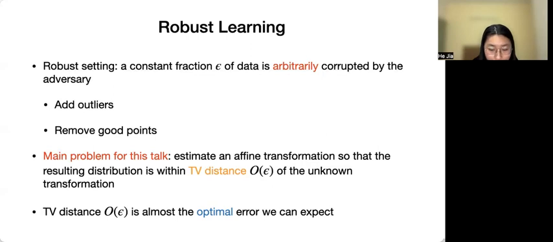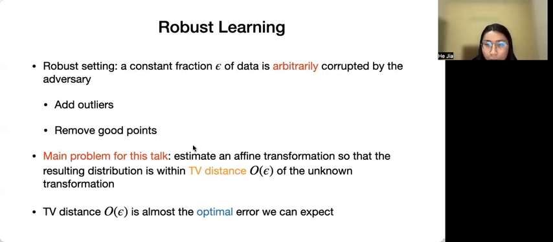They can first look at all the samples, and decide which points they want to remove and what kind of samples they want to add. They can add extreme points or anything they want. The only restriction on the corruption is that the fraction should be small, bounded by this small constant epsilon.